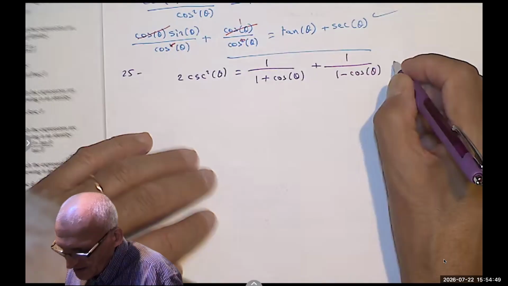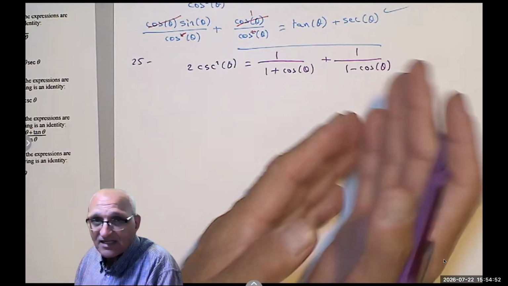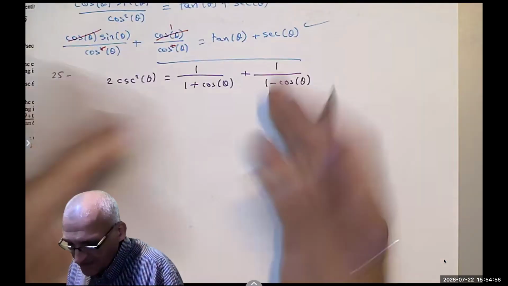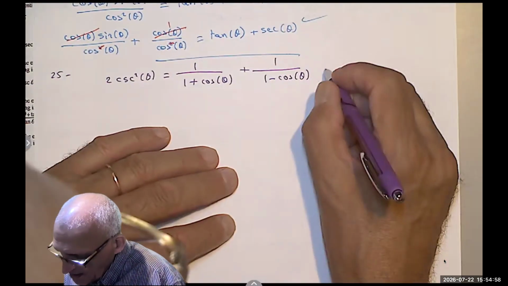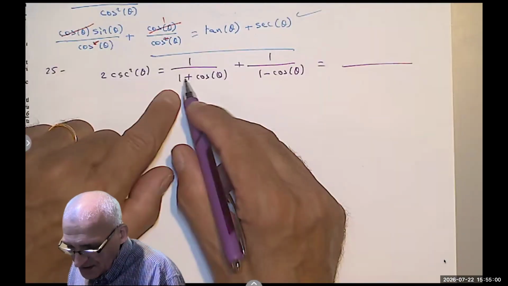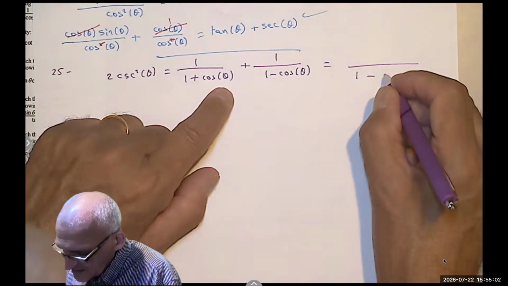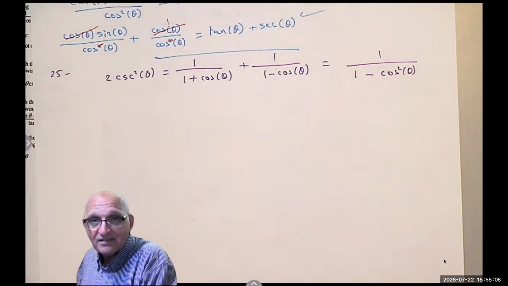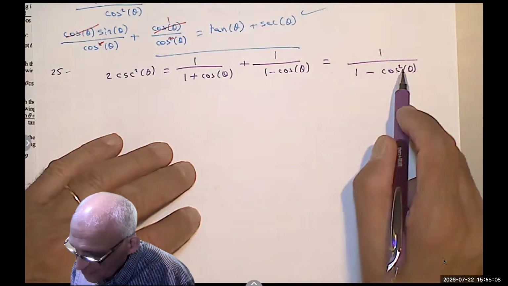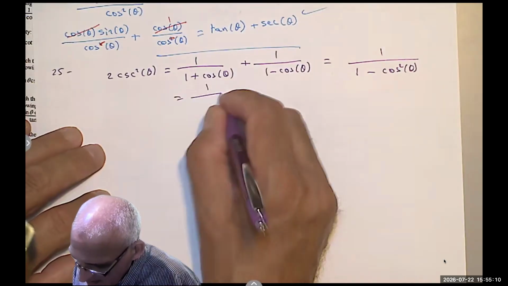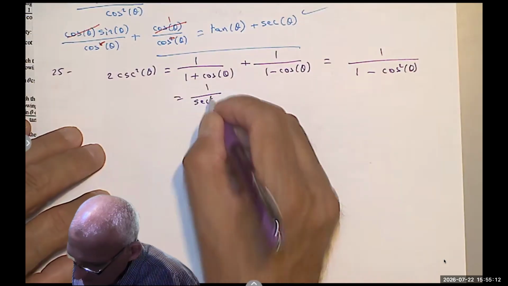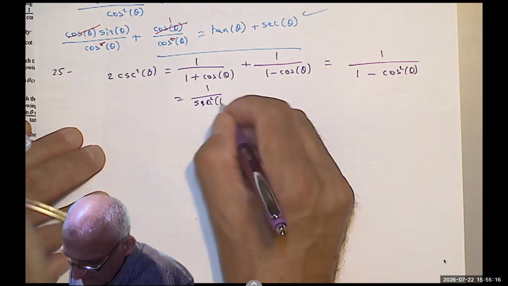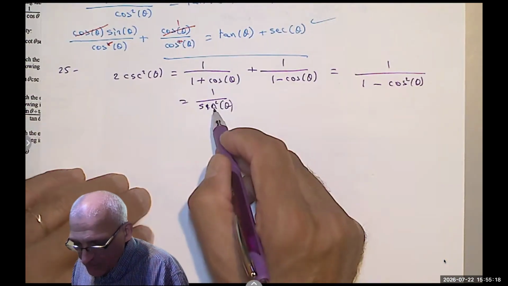If I want to work the right-hand side and prove it's equal to the left, instead of proving the left is equal to the right, it's easier, I think, in this case. So the denominator would be square of the first minus square of the second. Right? But 1 minus cosine square is, I'm sorry, is sine square. And 1 over sine is cosecant.